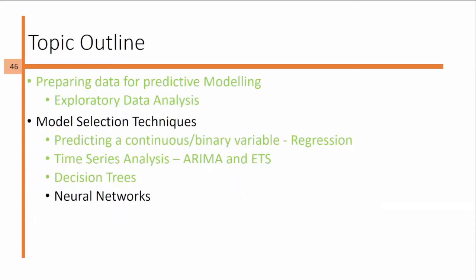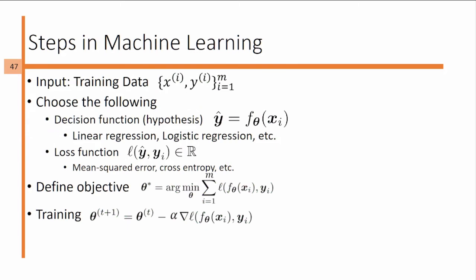And then finally, we'll look at the last model in this particular session, that is neural networks. Before I start neural networks, let me tell you what the steps in machine learning are.